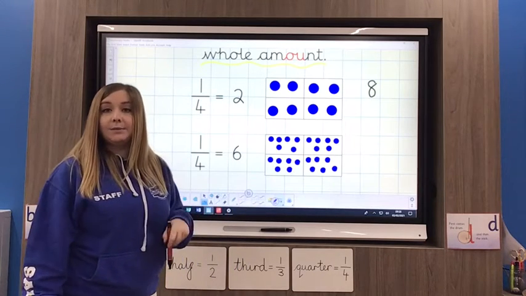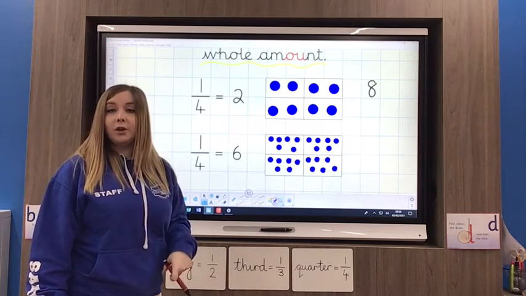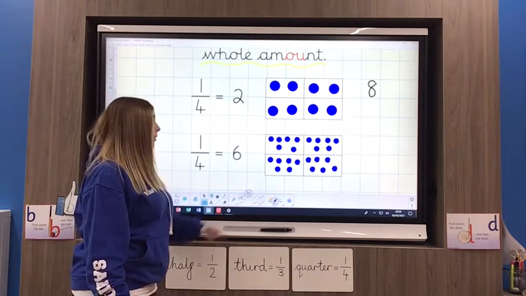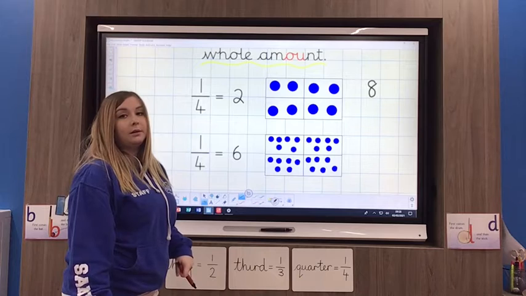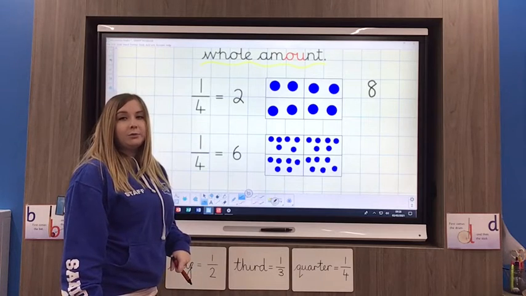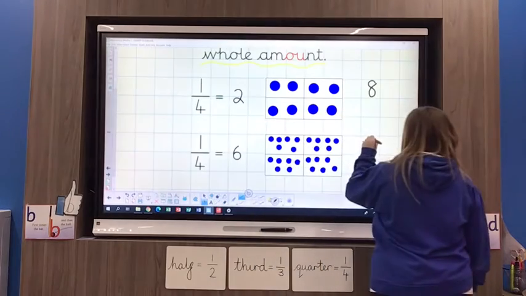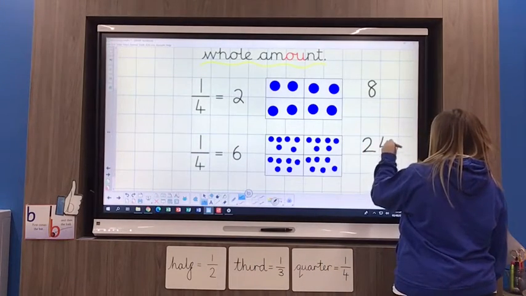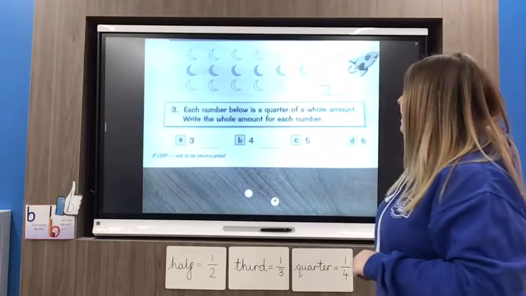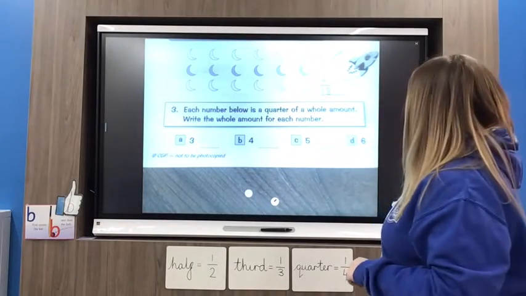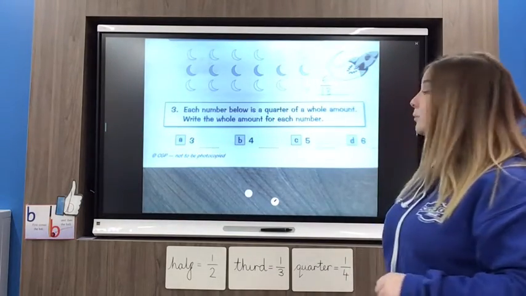And then to find my whole amount, I've got to count all of those dots. How many are there, year 4? Want to see some super counting? There are 24 altogether.